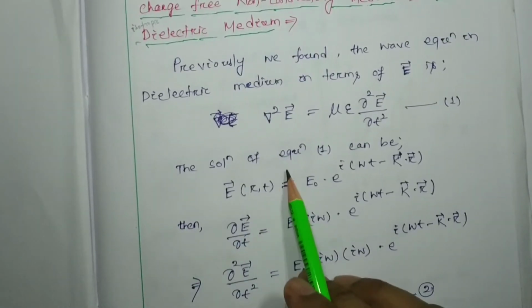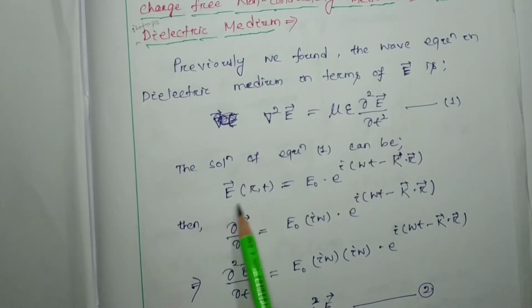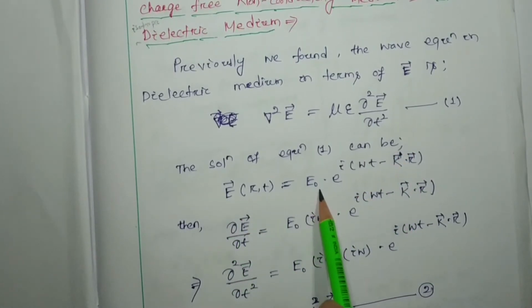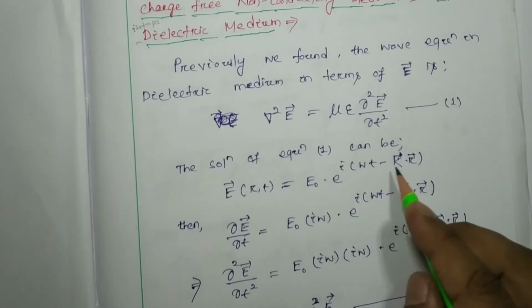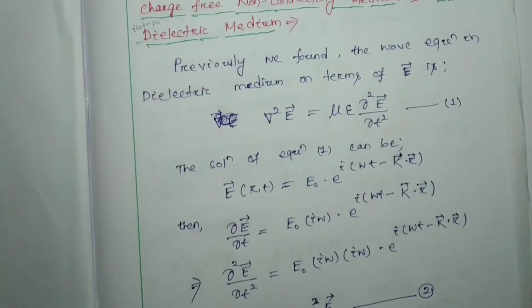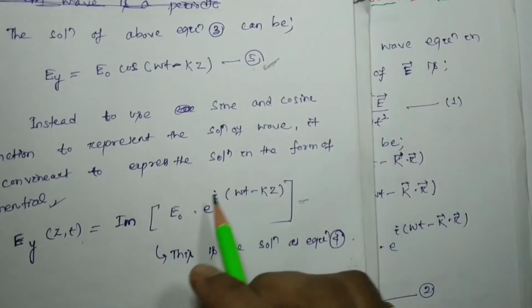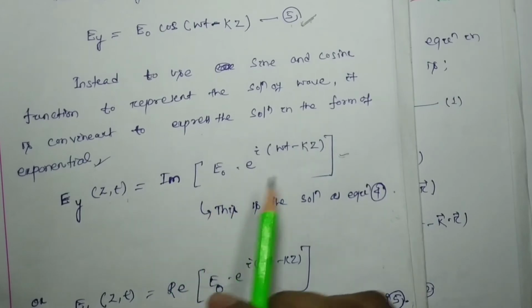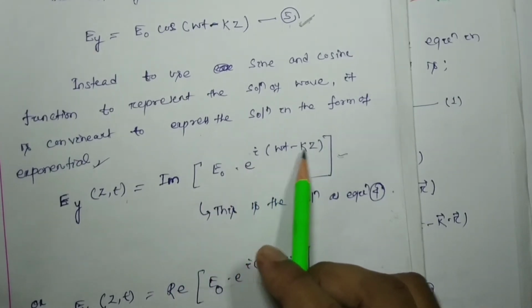The solution of equation 1 can be written in the form E(r, t) equal to E0 e to the power I (omega t minus k dot r). For one dimensional propagation of an electromagnetic wave, it is represented by E0 e to the I (omega t minus kz).